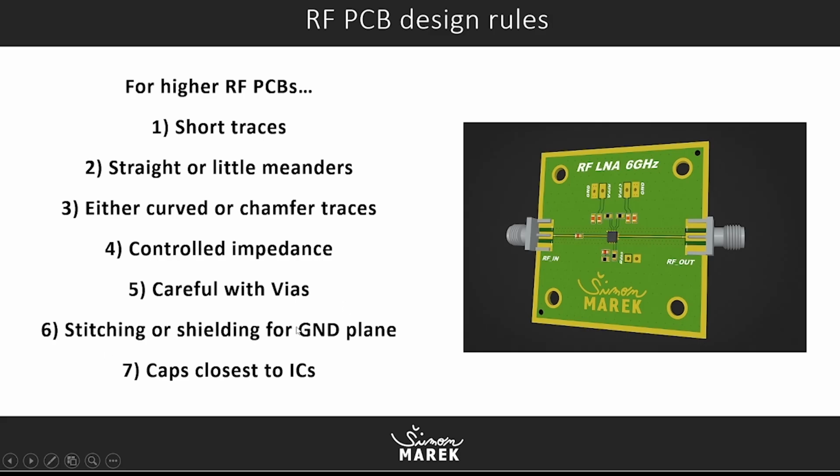Either stitching or shielding for the ground plane. So the shielding is really very close to the trace to make sure the performance is as high as possible, and the circuit is very high quality.